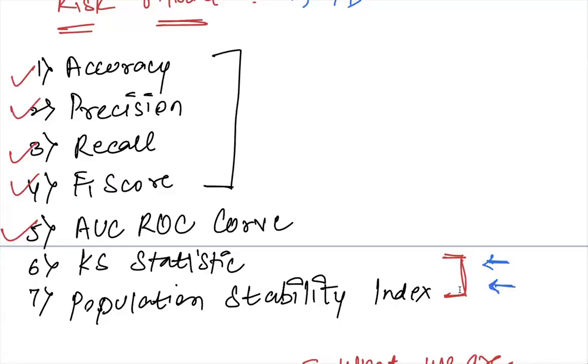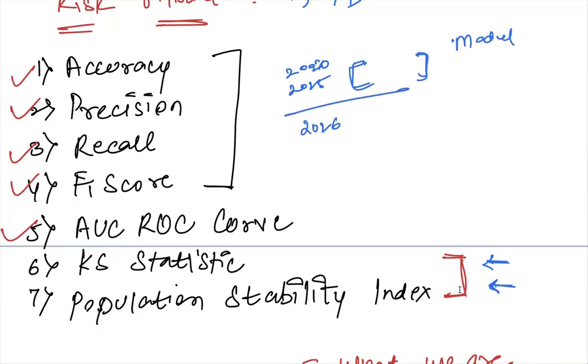I'll give you a hint of what population stability index is. A lot of times, you build a model using a data set from, let's say, 2020 to 2025, and now you are trying to do the prediction for 2026.